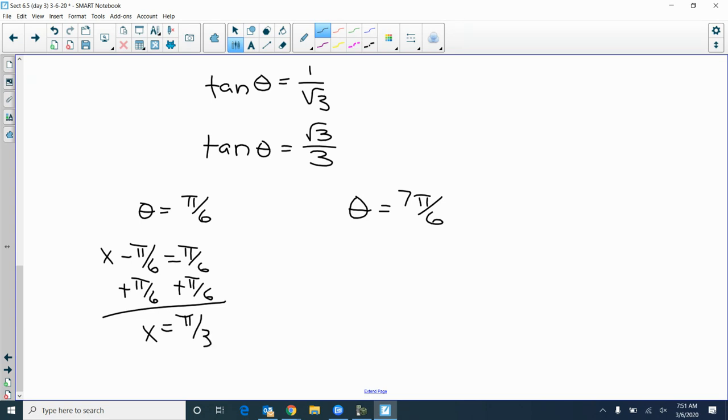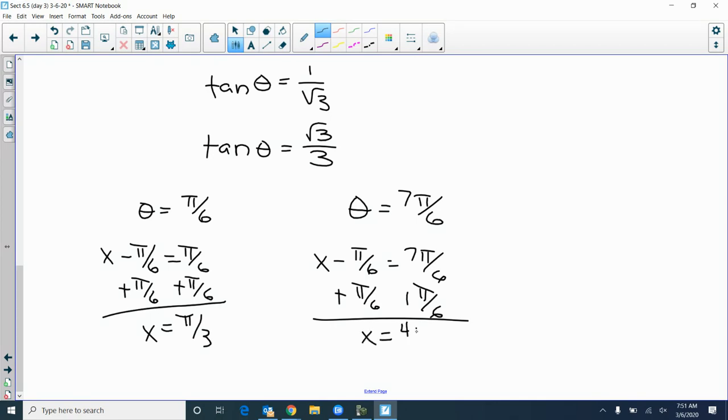Okay, so you got that one. And then the other one, same thing here, x minus pi over 6 equals 7 pi over 6. Add pi over 6, so you get 8 pi over 6, which is 4 pi over 3.